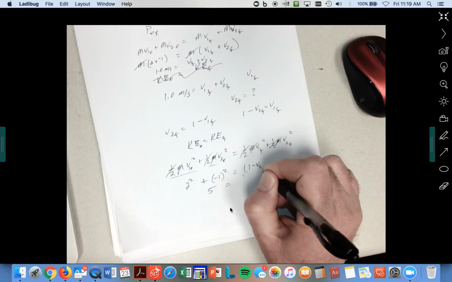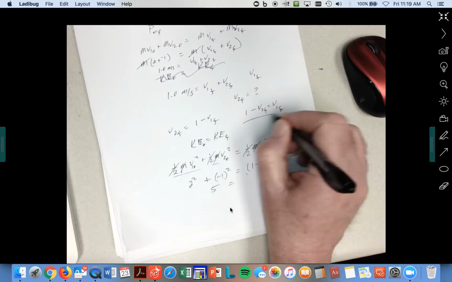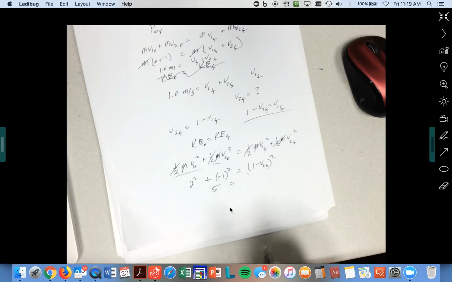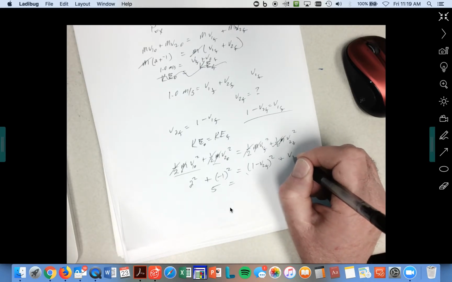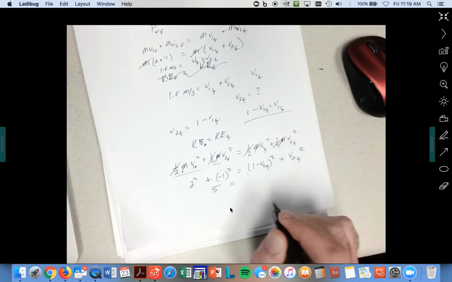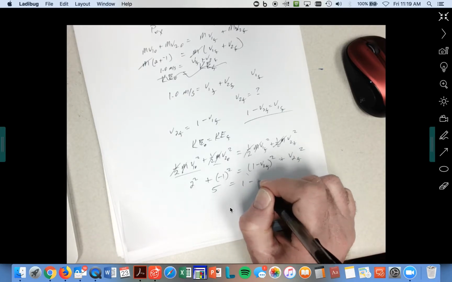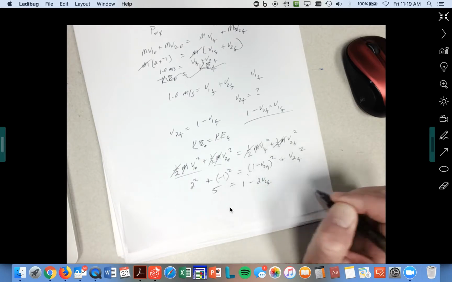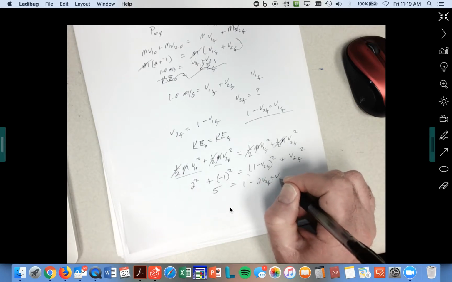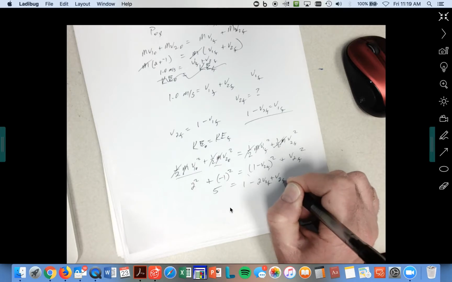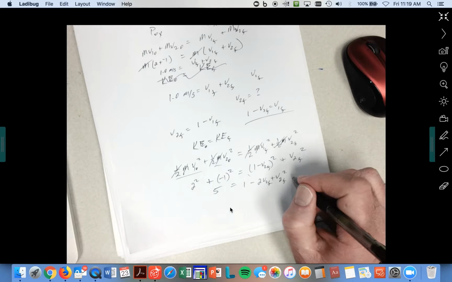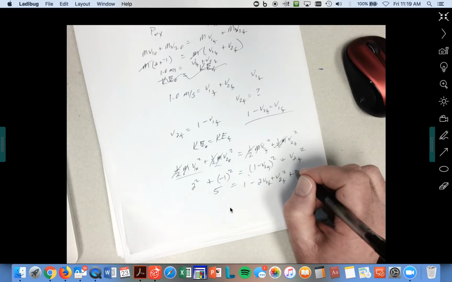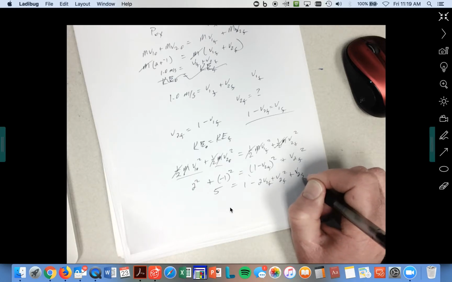And then this is 1 minus V2 final squared, because remember I'm doing the substitution here, plus V2 final squared. So we've got 5 is equal to 1 minus 2V2 final plus V2 final squared, plus V2 final squared.